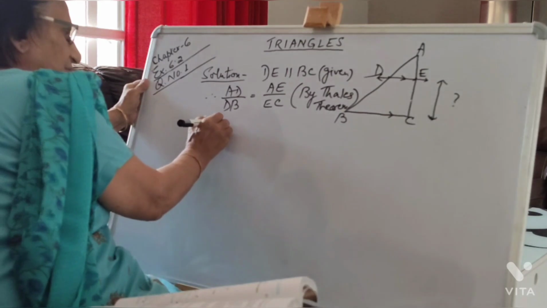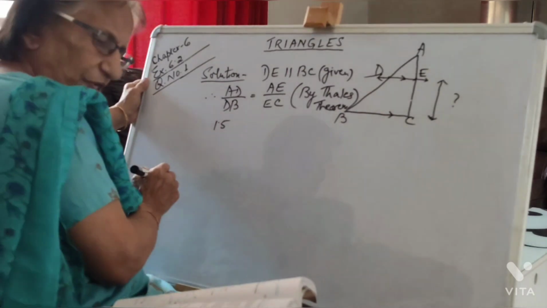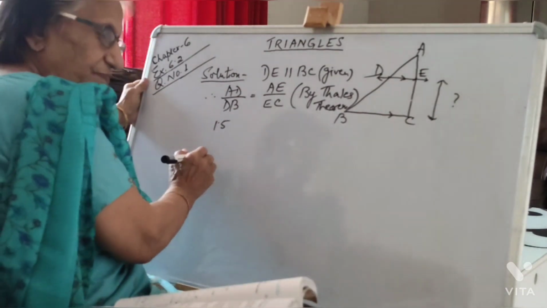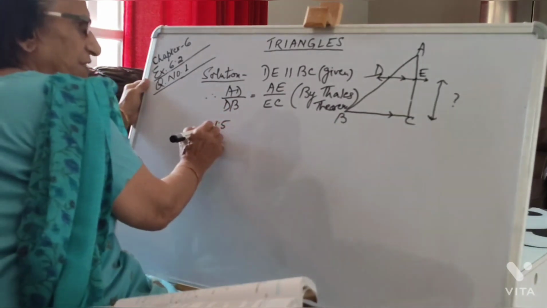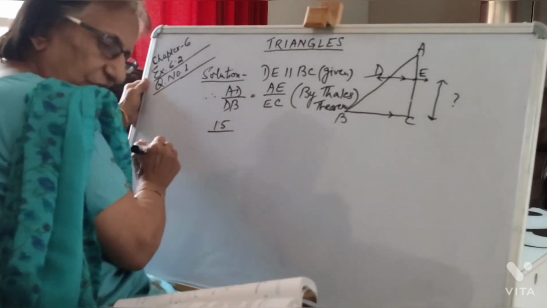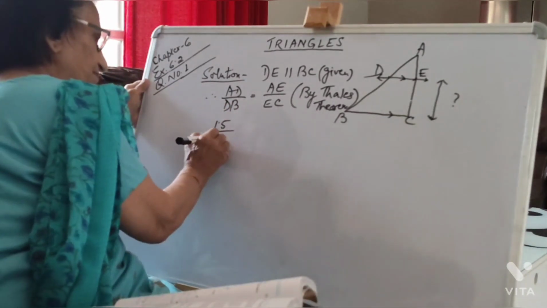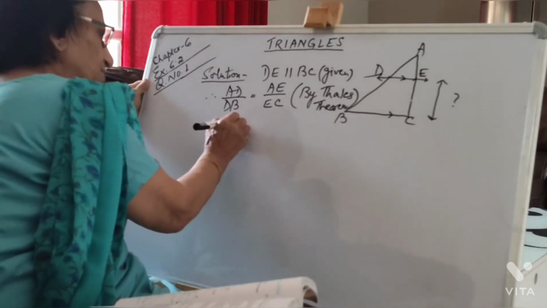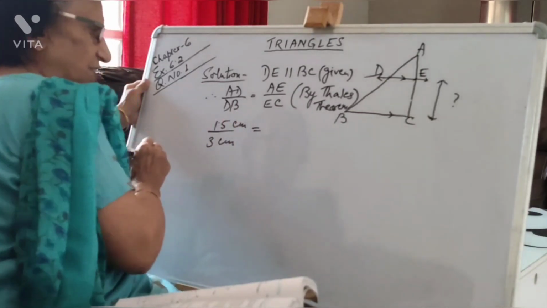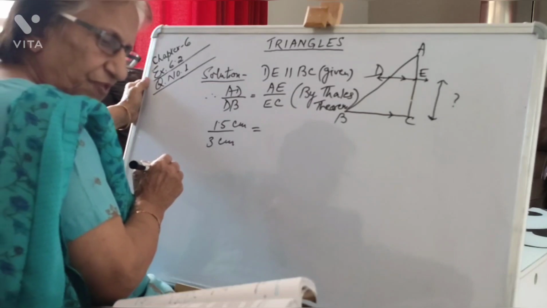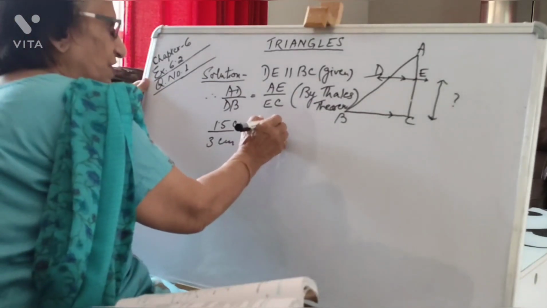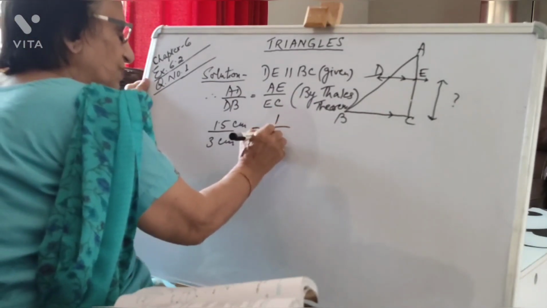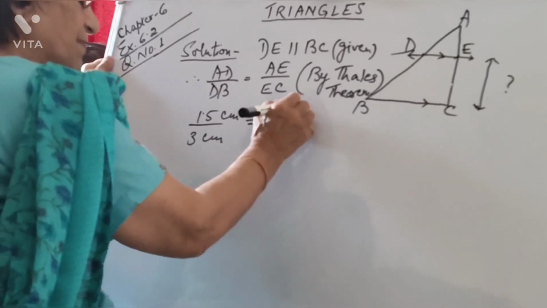1.5 is AD. 1.5 over BD. BD, that is DB, is 3 centimeter. This is 1.5 centimeter is equal to 1 centimeter over EC.